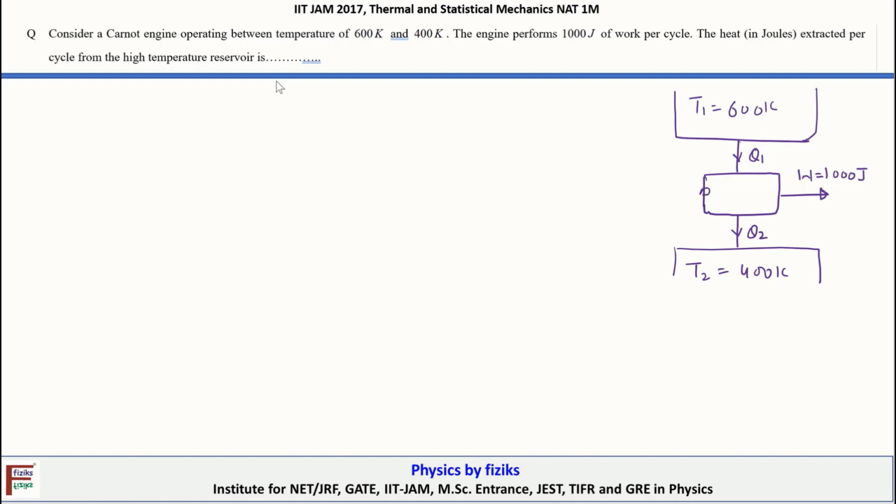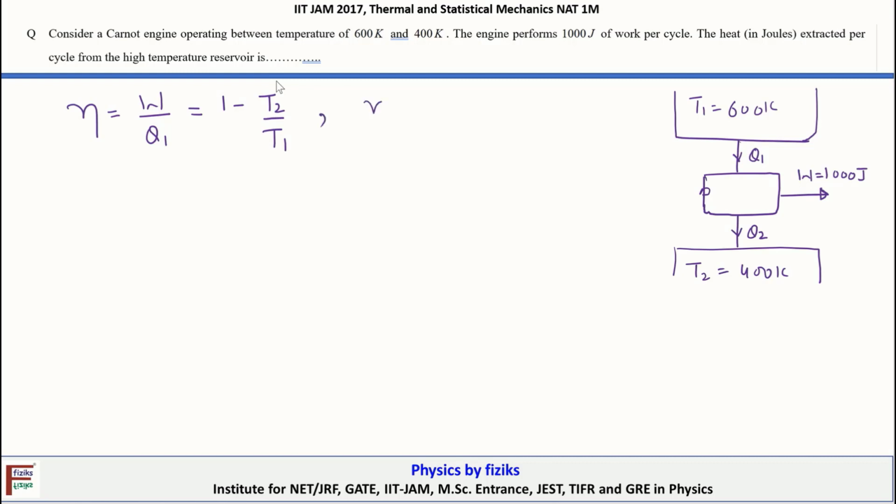Now we know that the efficiency for such a Carnot engine is given by the work output divided by the heat input, and in terms of temperature this is equal to 1 minus T2 by T1. Because T1 and T2 are given to us, we can directly calculate the efficiency.